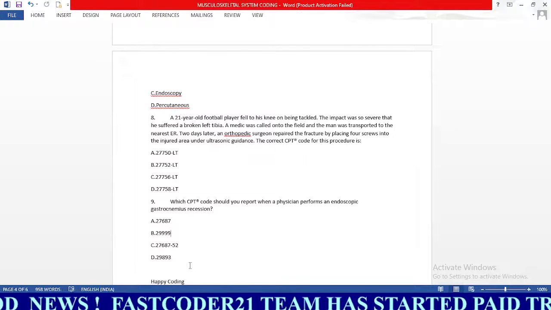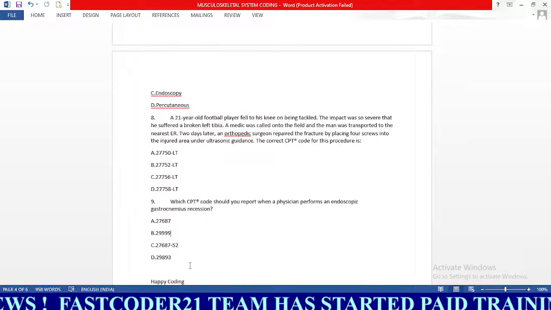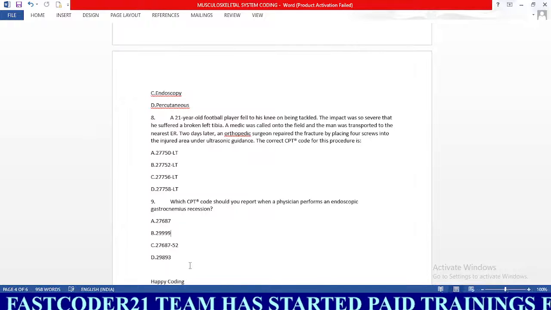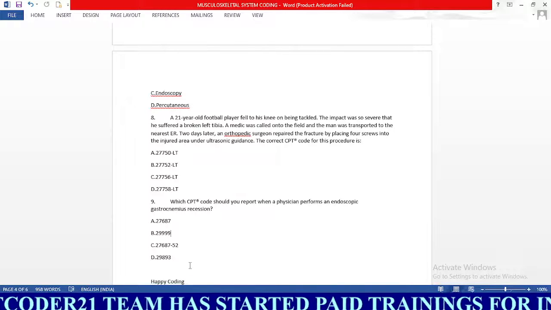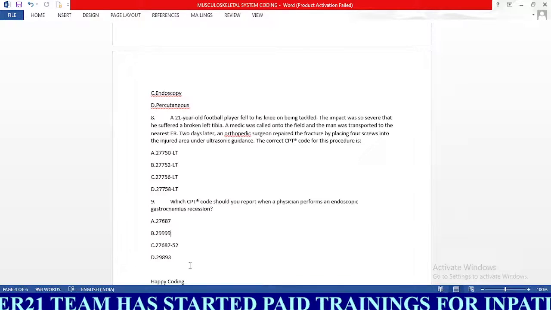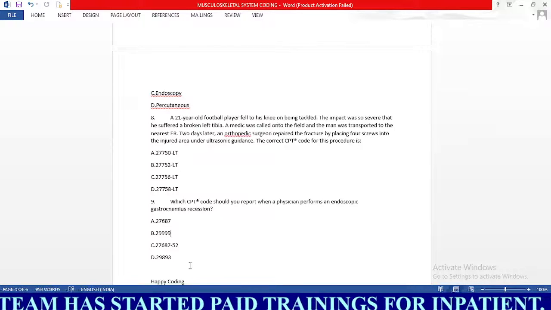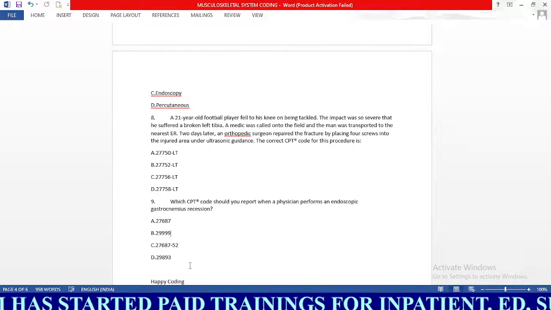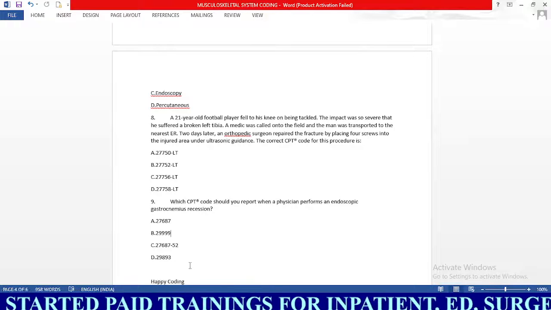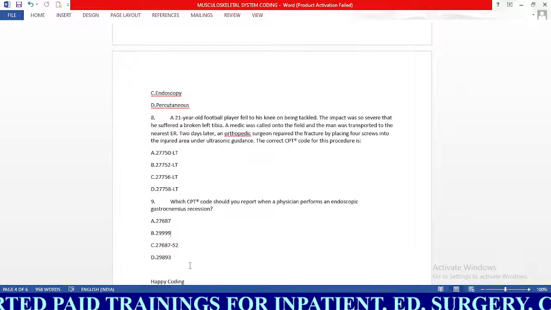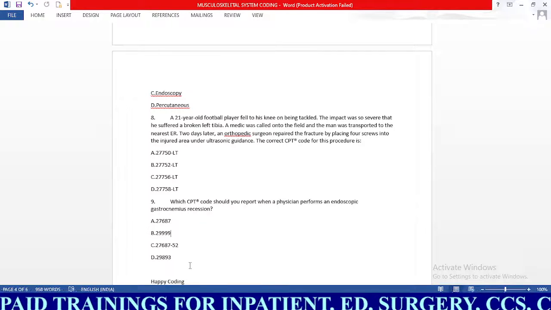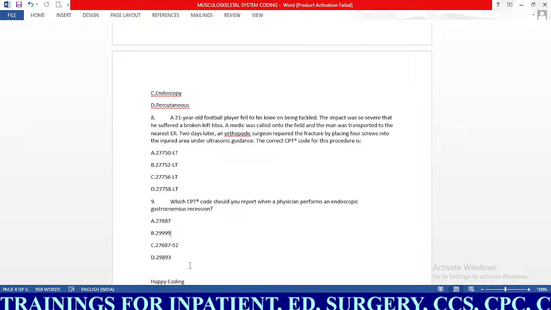Plantar fasciotomy means it is like a foot area, plantar area fasciotomy. So basically the physician is going to release nerves or muscles in the plantar area. Basically, an arthroscope is also one type of endoscope.